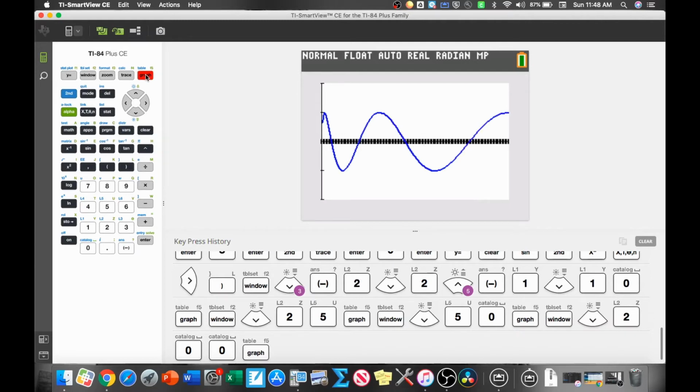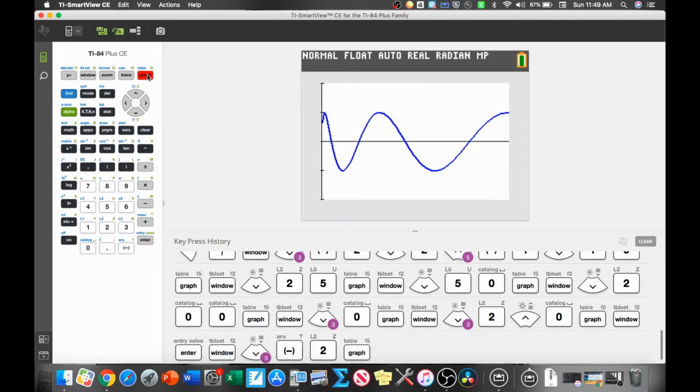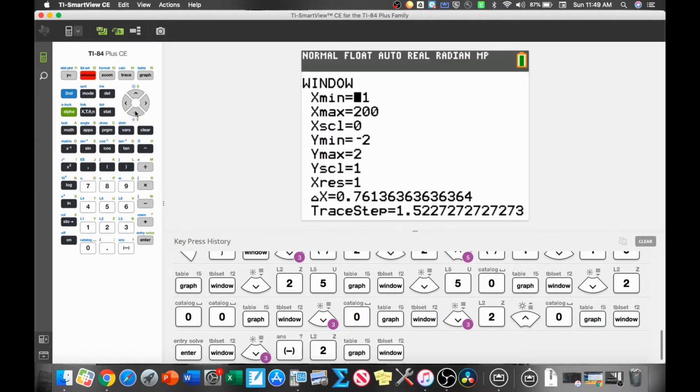We can start to see that it looks like the oscillations, the sine oscillations, are stretching out horizontally as our X values are getting bigger and bigger. The more stretched out this curve is going to become. So let's take a look at something really big. Let's go like 500, or if you want, you can go 1,000.